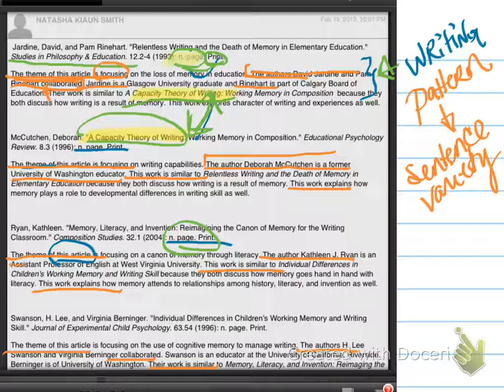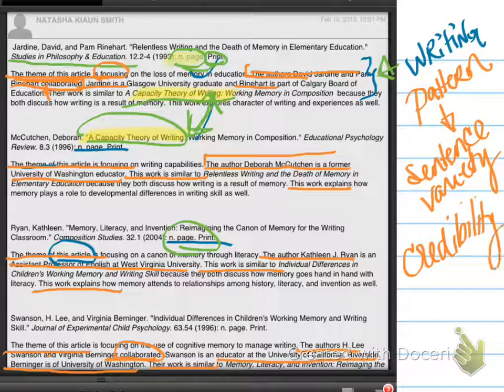It does help us to know that the third one is an assistant professor of English, and it does help us know that, well, it doesn't help us about H. Lee Swanson and Virginia. Again, they collaborated. But it does help us know that they're an educator at UC Riverside and University of Washington. Okay, so it looks like you're trying to talk about credibility, which is good. But some stuff is not necessarily important.